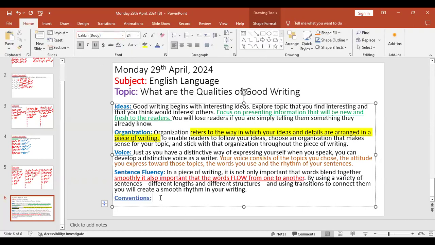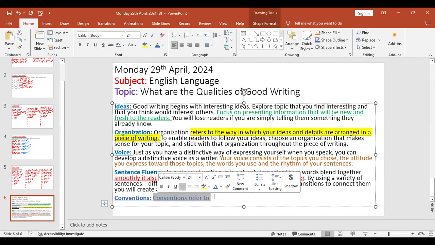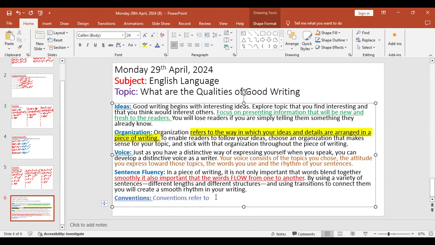So we have conventions refer to the correct or the grammatical correctness of a piece of writing.